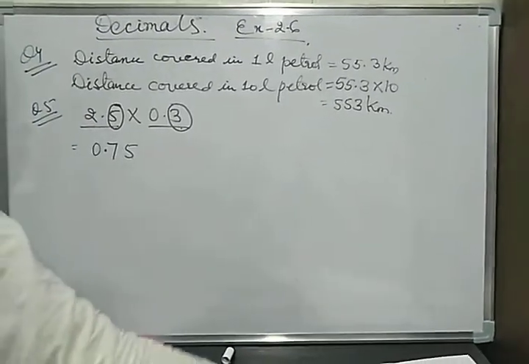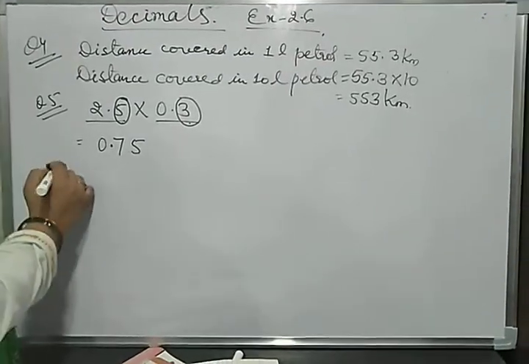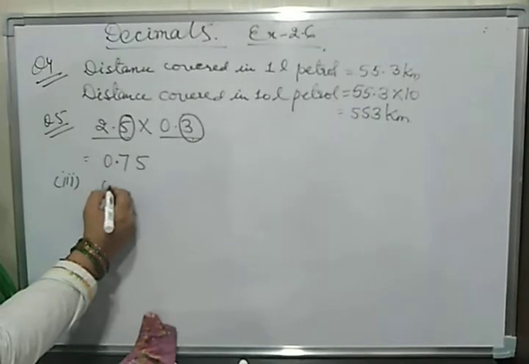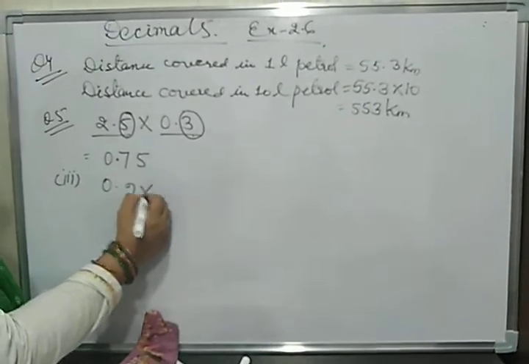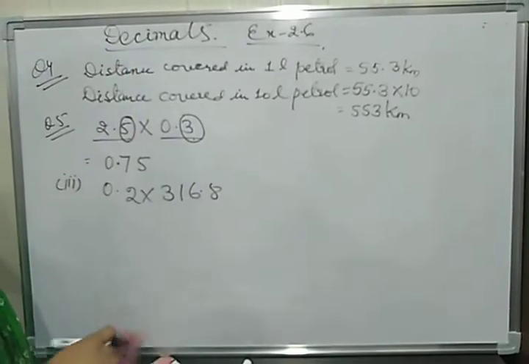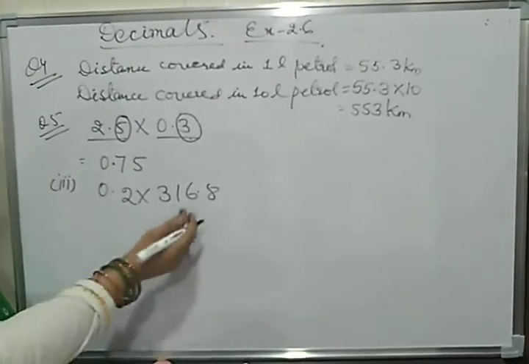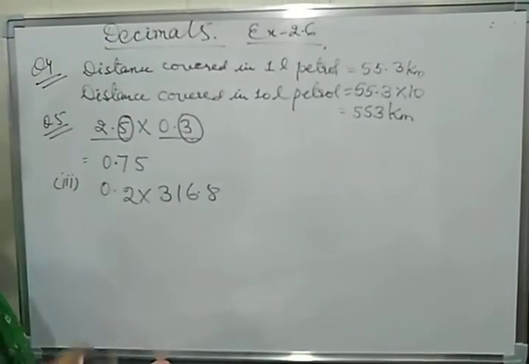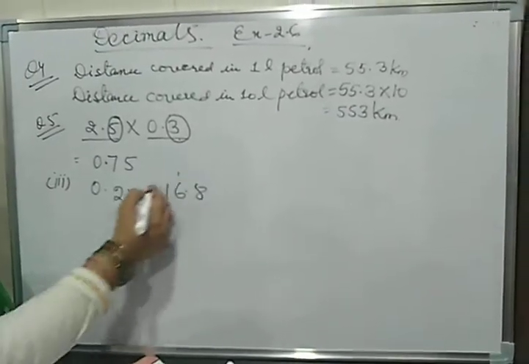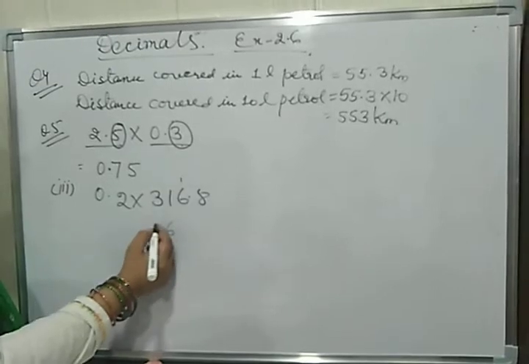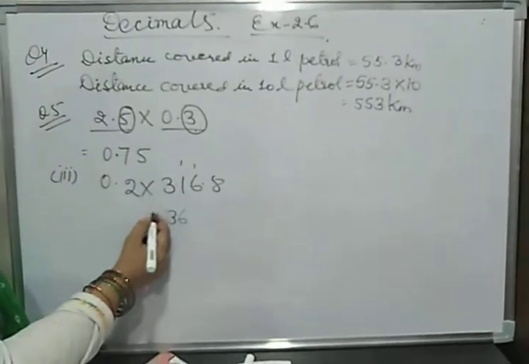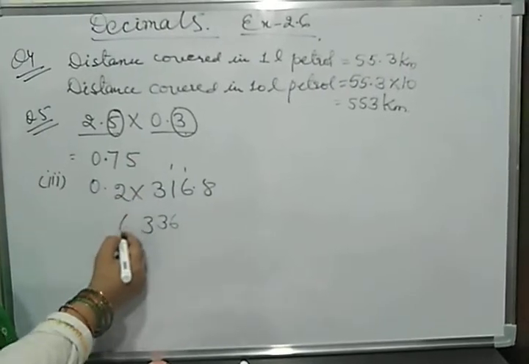See some more questions. Now see this question. We have to multiply this number by 0.2. 8 2s are 16, 1 carry. 6 2s are 12 plus 1 is 13, write 3, 1 carry. 2 1s are 2 plus 1 is 3, 3 2s are 6.